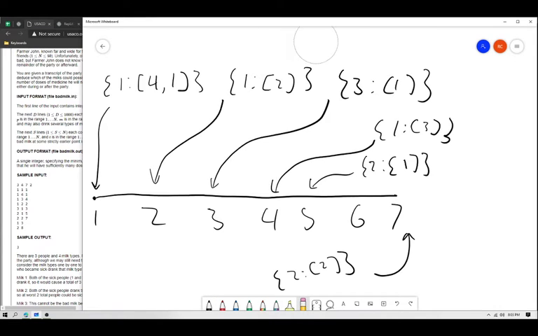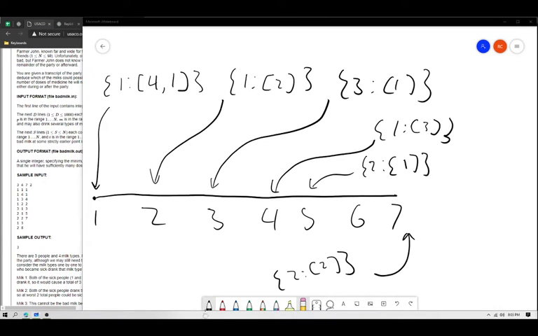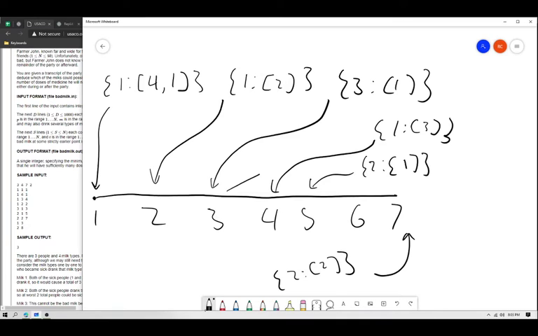Person 1 got sick at time 3. So anything after time 3, that milk could not have been bad if person 1 drank it.